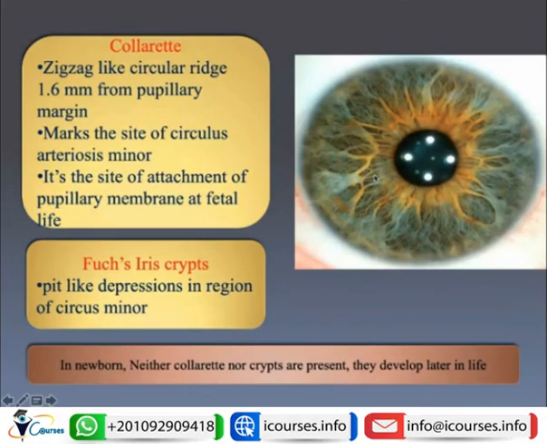Sometimes we can see some remnants of this pupillary membrane clinically in some patients, and within the collarette, there are some depressions. These depressions are called the Fuchs iris crypts. They are pit-like depressions in the region of the circulus iridis minor. In the newborn, there is no collarette or crypts, but they develop later on in life.